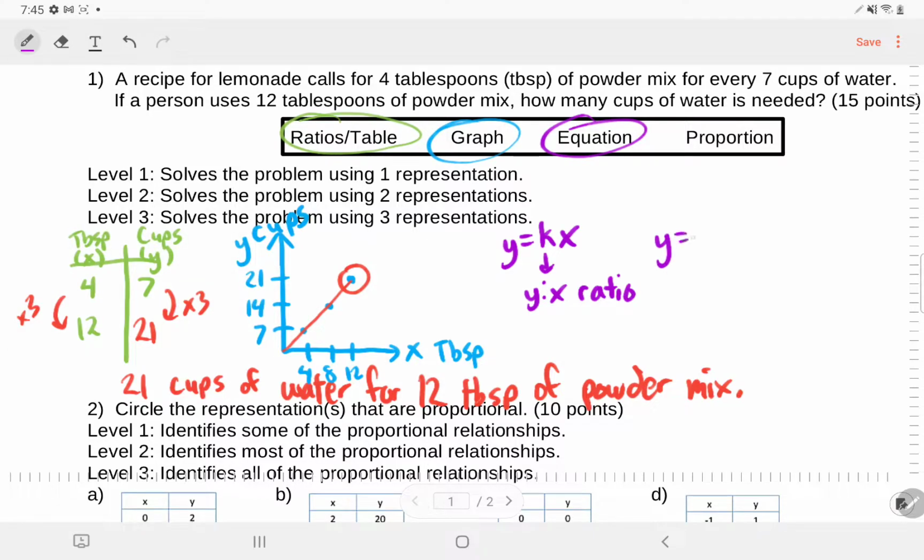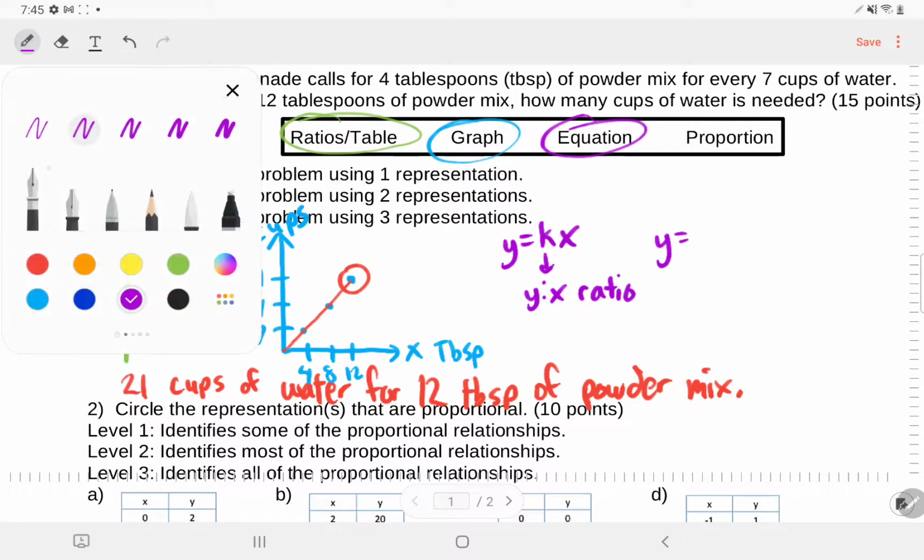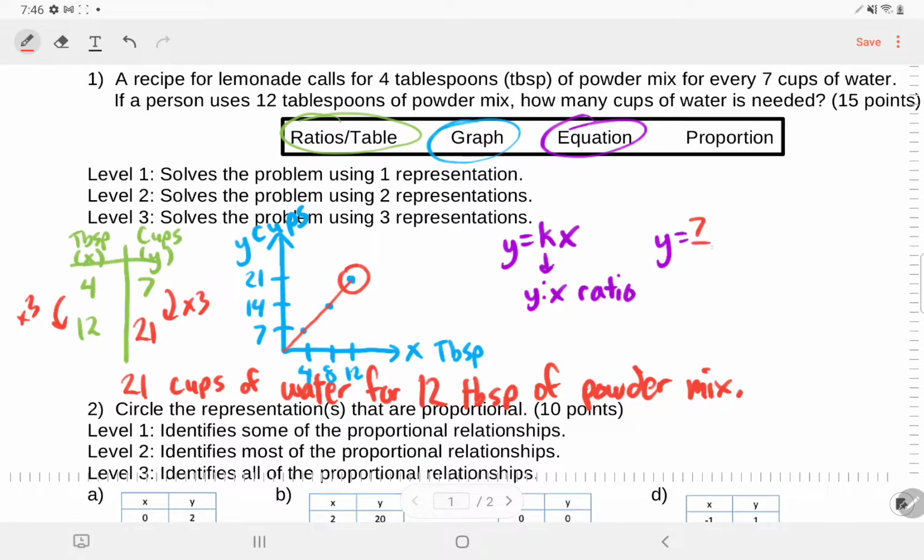So y is equal to 7 over 4x. Remember, we have 12 tablespoons of powder mix, and we need to figure out how many cups of water we need. So x represents our tablespoons, and y represents our cups.